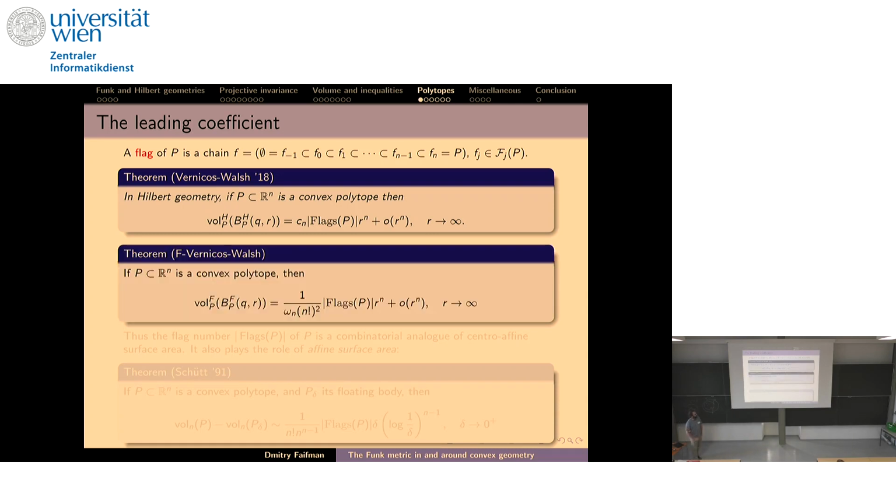And the same thing holds also for the Funk geometry with essentially the same proof because the Holmes-Thompson volume is projectively invariant, so it's pretty much the same reason.